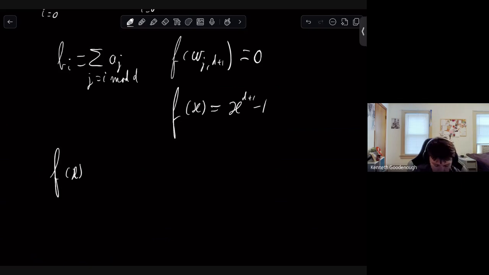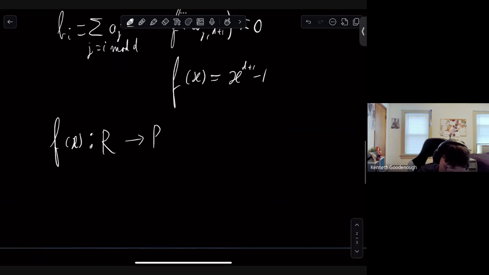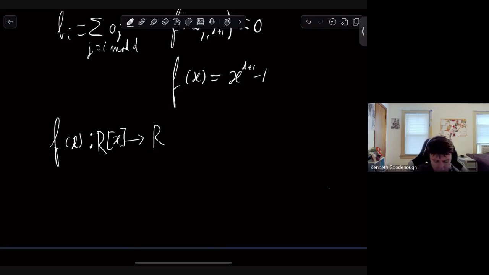And let's make this a little bit more abstract. If I think of this as some function that takes in values, let's be specific. I have some ring here, and this goes again to some ring here. Okay, let's fix this to be a polynomial. Let's restrict to polynomials.